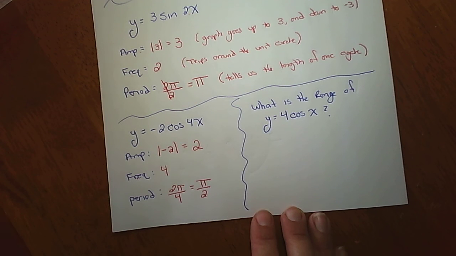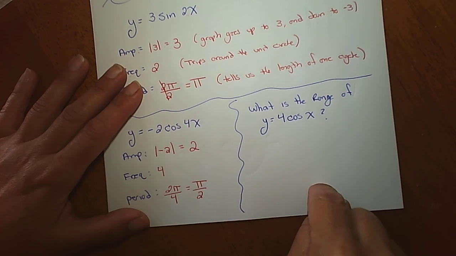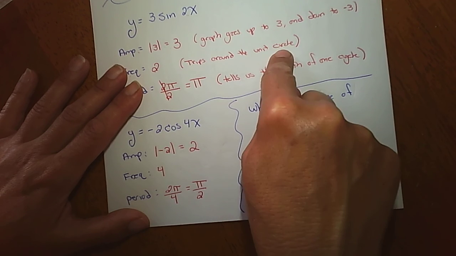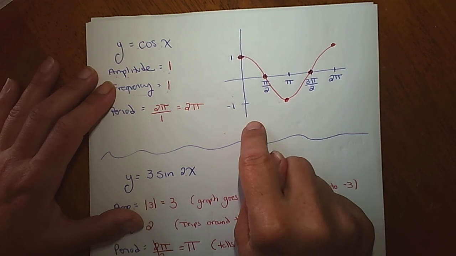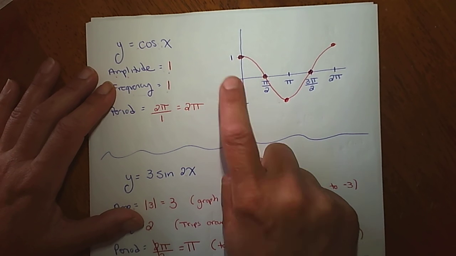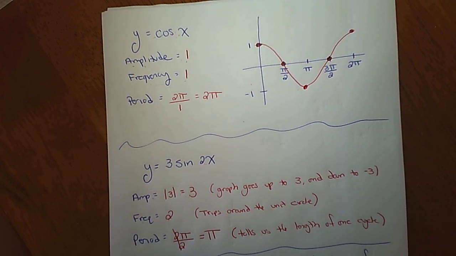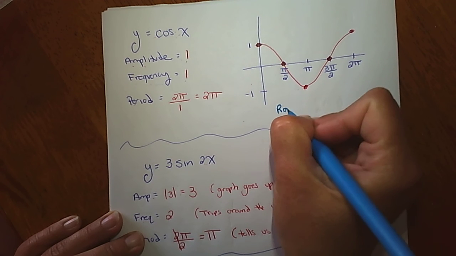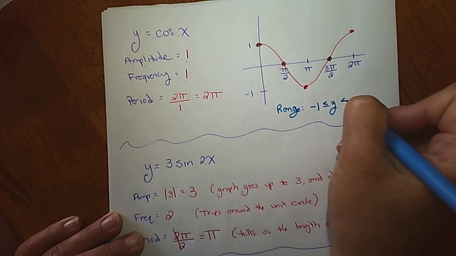What is the range? Range means how low does something go to how high does it go. So if I go back up to this picture, the lowest this went down to is -1, and the highest it went up to is 1. So for this picture, the range would be -1 to 1.